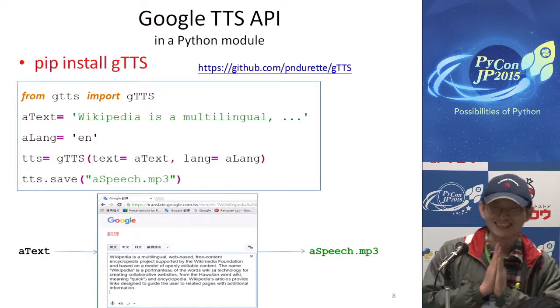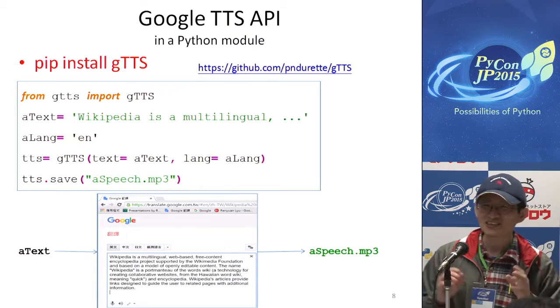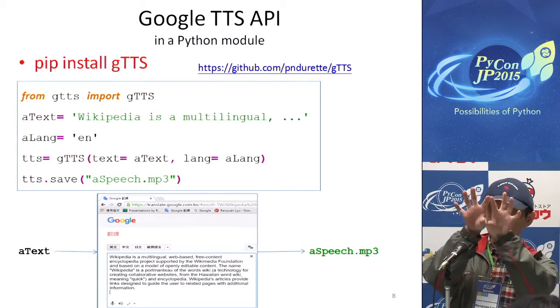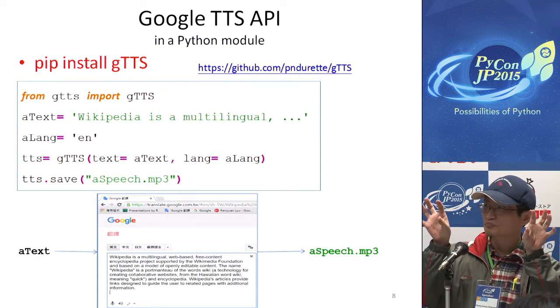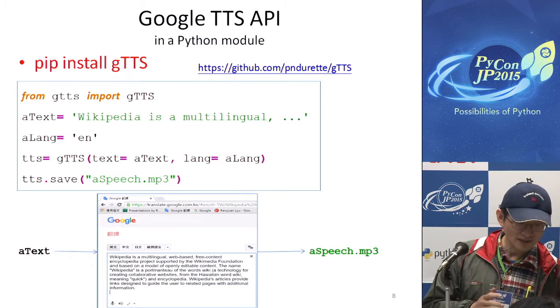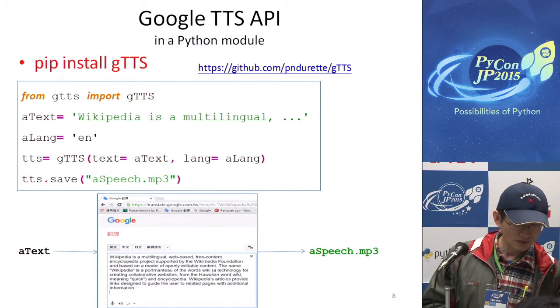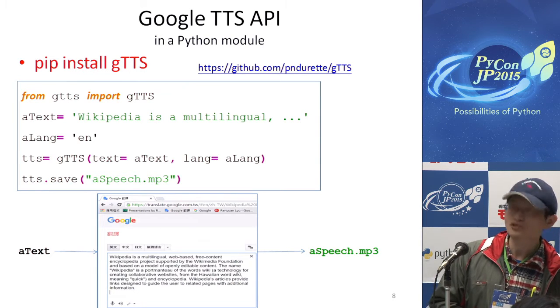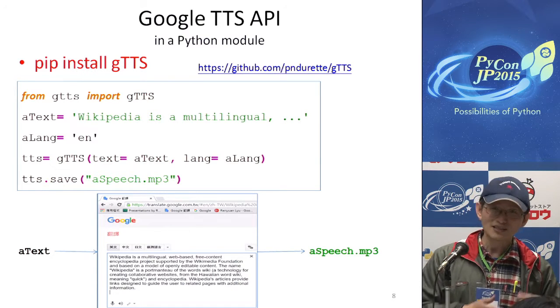Thanks to Python and thanks to Google, putting these two together, we found a module called gTTS.